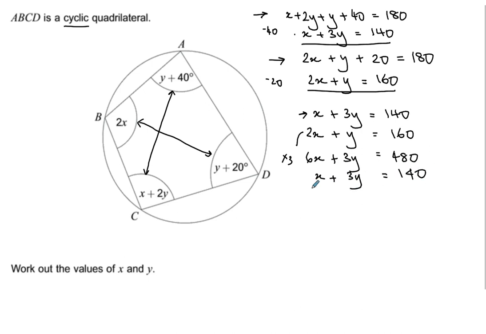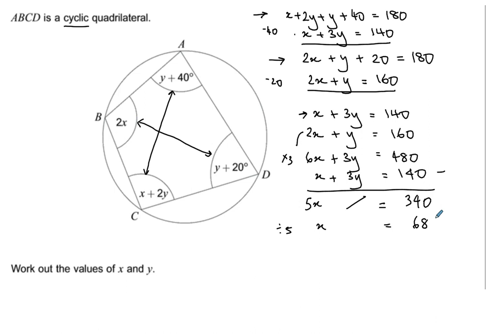Now we're ready to go, and we're minusing because we've got two positives. Same signs you minus, different signs you add, to eliminate the y. So you say y's gone. 6x minus x is 5x, and 480 minus 140 is 340. If you divide by 5, x will be 68.